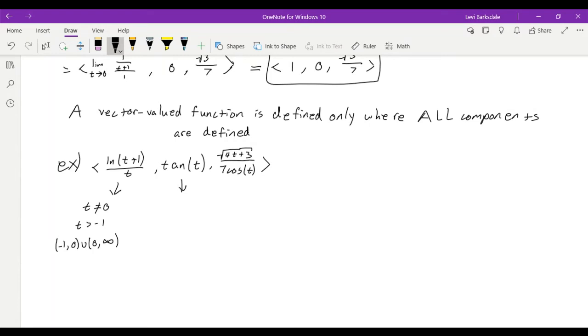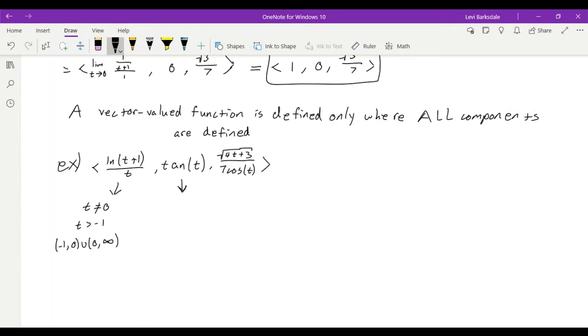For our second component, well, tangent is sine divided by cosine. We can't divide by 0, so anywhere where cosine of t is equal to 0, we can't have in our domain.